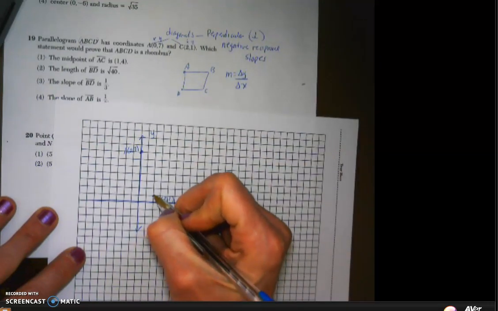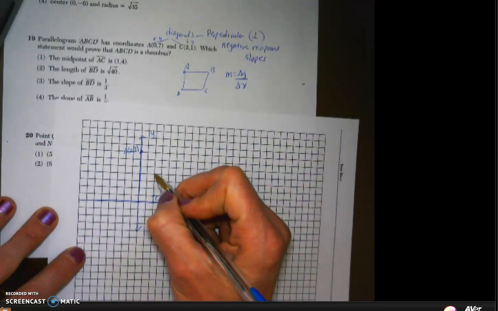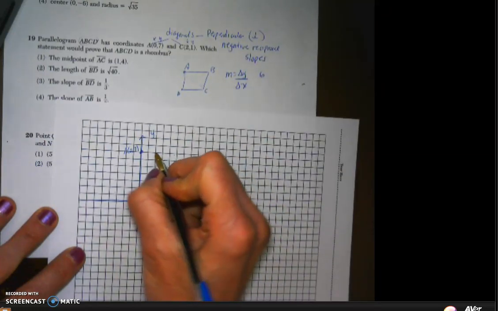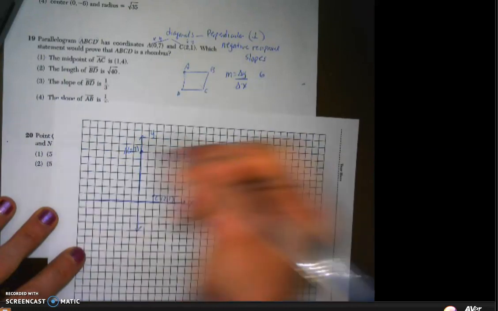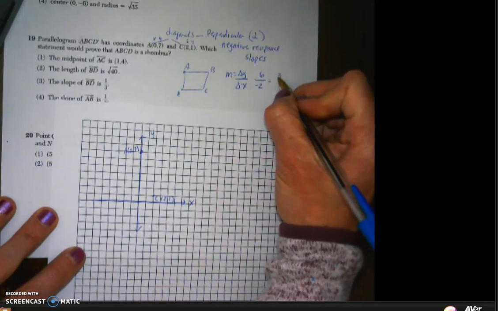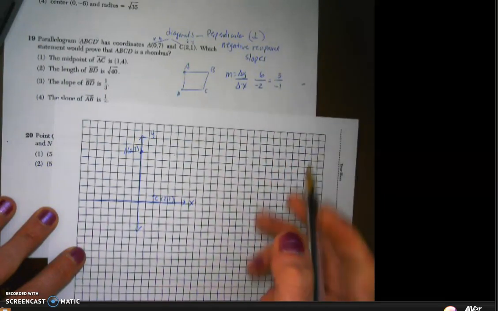So we're going to start at C. I'm going to go up 1, 2, 3, 4, 5, 6 units on the y-axis. And then from there, I'm going 1, negative 2 units on the x-axis. When we reduce that, that comes out to be 3 over negative 1.